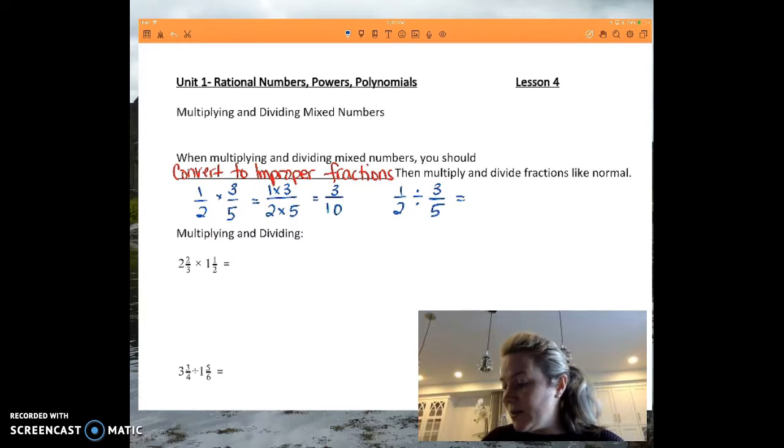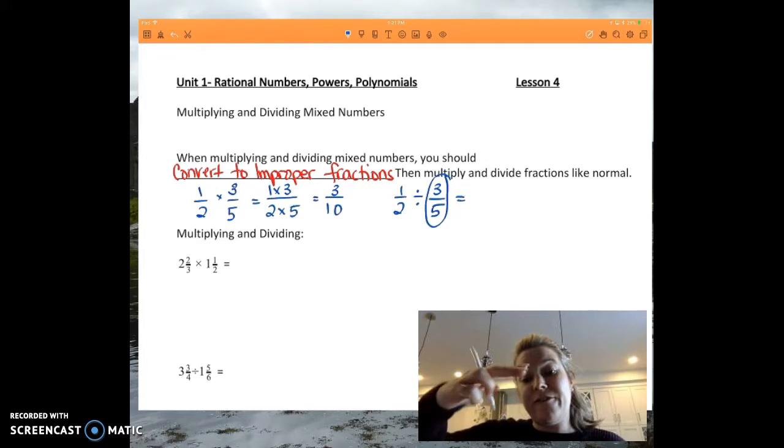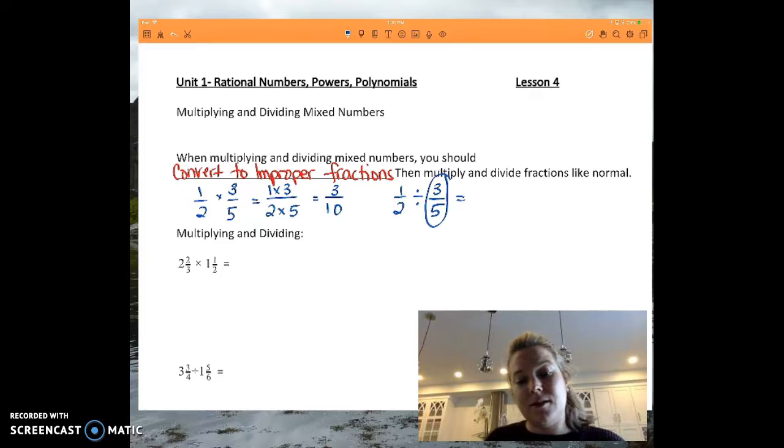What we're going to do is take this second fraction, flip it, and then just multiply. So we're going to have 1 over 2 times 5 over 3. See how that one is the inverse, okay? And then it's going to be 1 times 5 is 5, 2 times 3 is 6. So those are two examples of multiplying and dividing fractions.